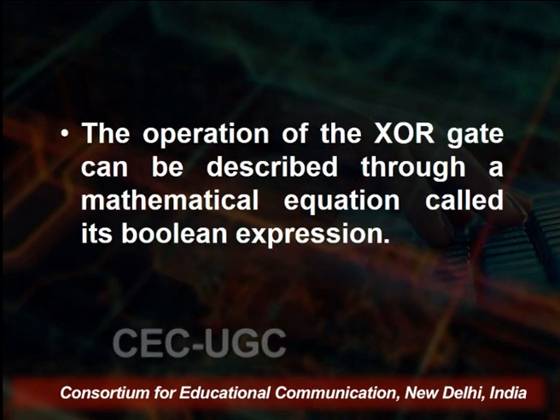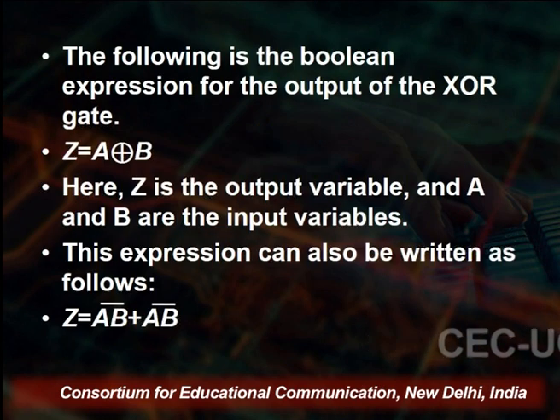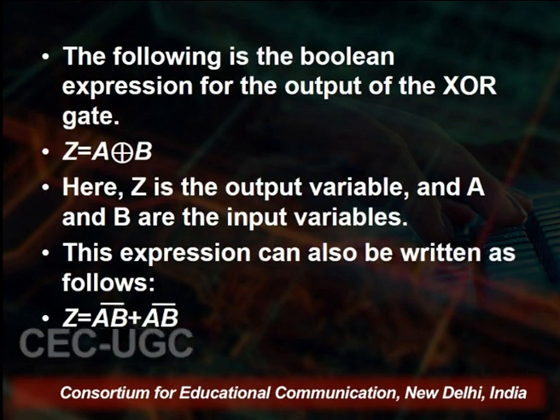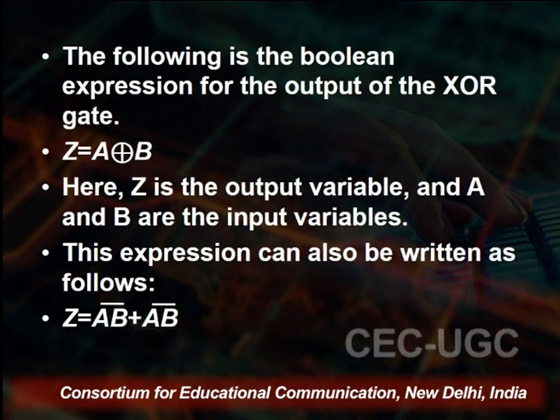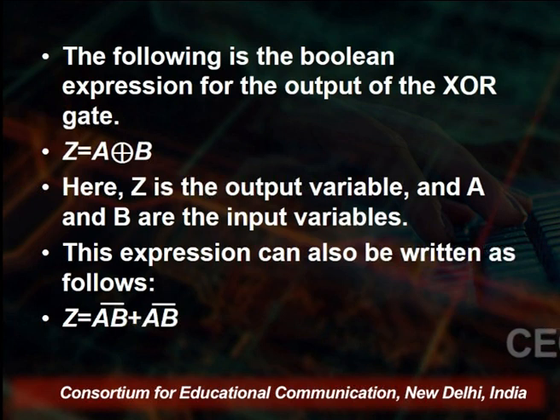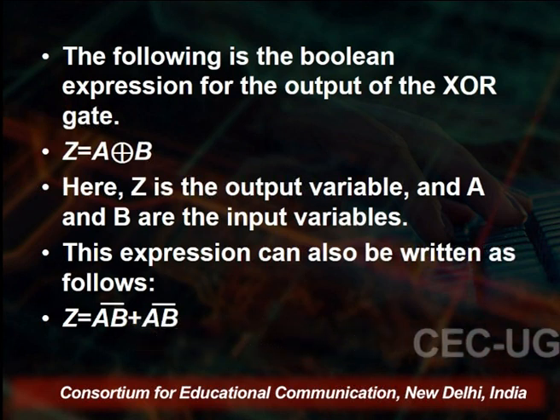The operation of the XOR gate can be described through a Boolean expression like this. You see there is a plus inside a circle. This is the expression for the XOR gate: Z is equal to A plus-in-a-circle B, where Z is the output variable and A and B are the two input variables.